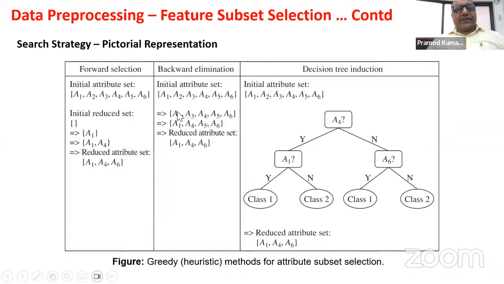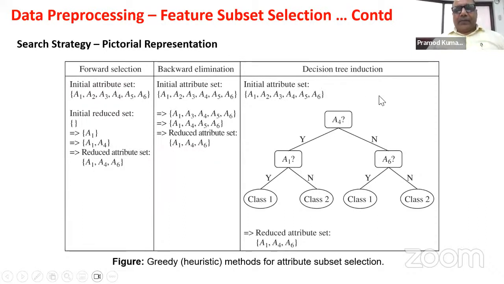The A1 is the best one, so A1 will be introduced. So among the A3, A4, A5, the A5 will be eliminated and the A1 will come. So now the next subset will be the A1, A3, A4. So one worst from the set will be eliminated, and the best among the remaining will be introduced. So that is the combination of the two.